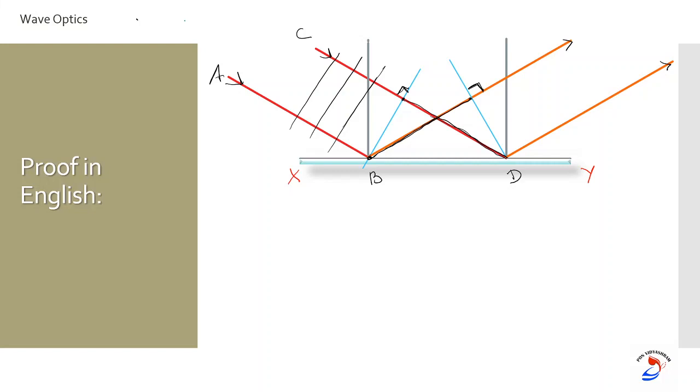Let's say t is the time taken by the light to get reflected to this point. Let me call this E, and let's call this F. So the time taken for the ray to reach from B to F is the same as the time taken for the ray to travel from E to D, isn't it?